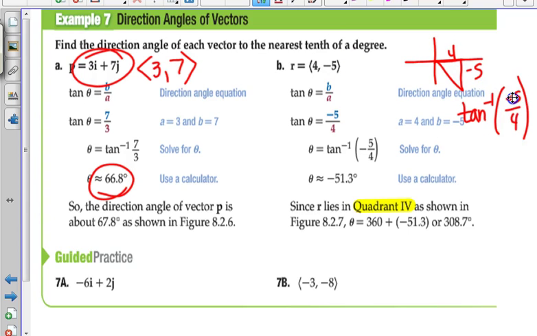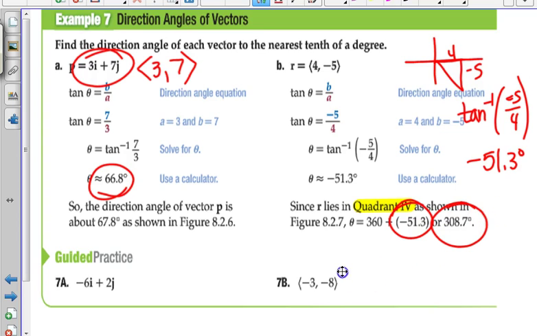Okay, when I do inverse tangent, -5 divided by 4, I get negative 51.3 degrees. Is that in the right quadrant? Yes. Could I rename that if I wanted to by adding 360? Yes. But I would take either one of those answers because at least it's in the right quadrant.